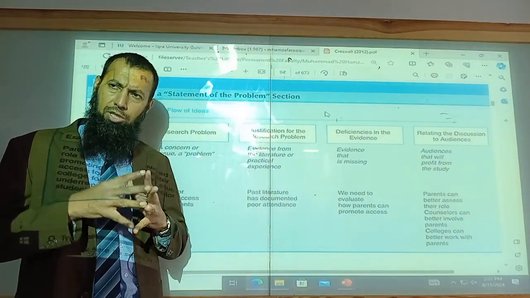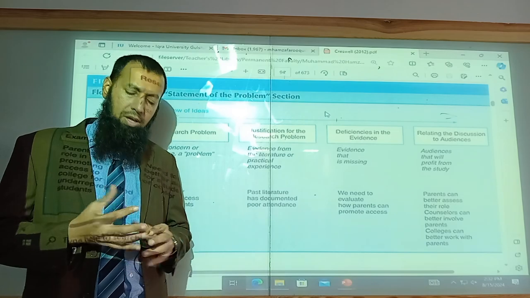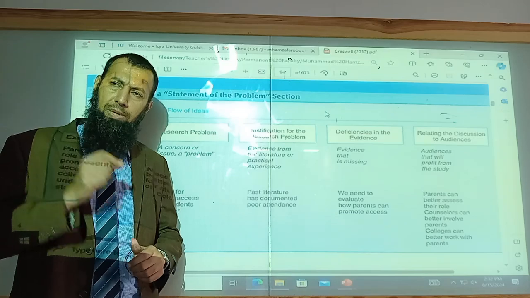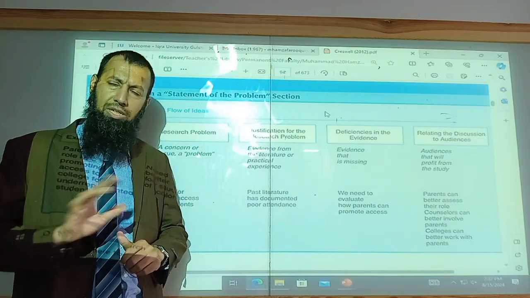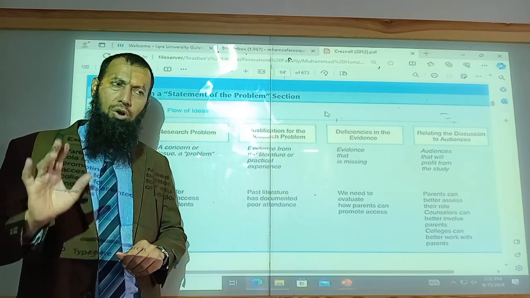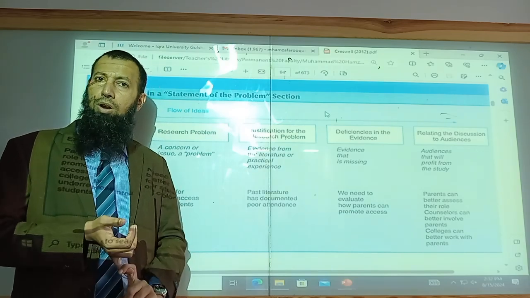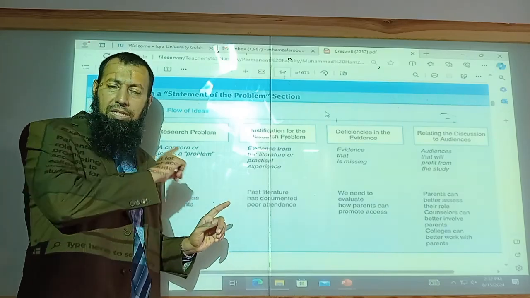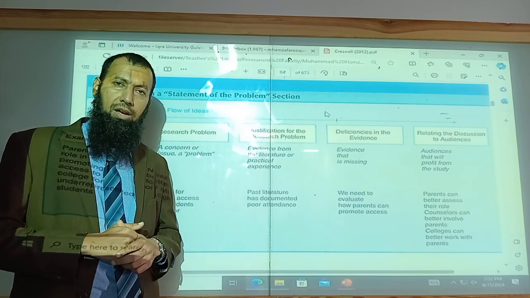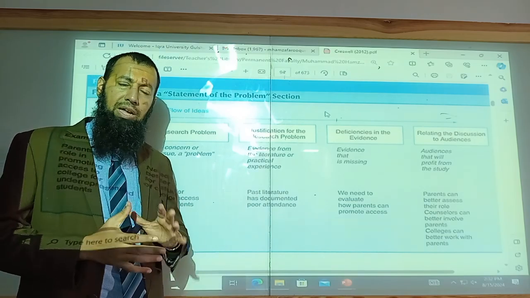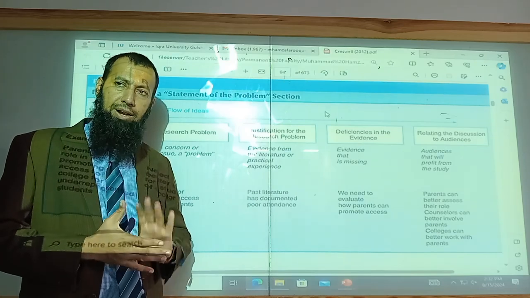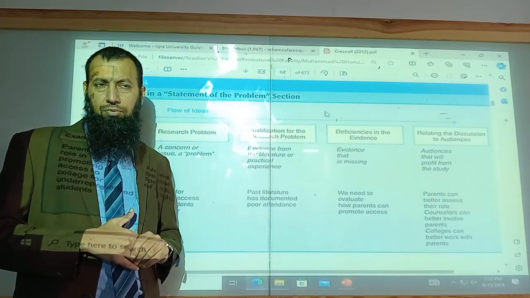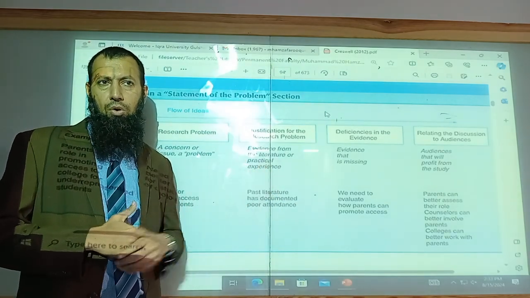Since research is about a specific topic, we focus on the fact that for our specific topic there is a deficiency and previous research has not been done. If the research has already been done, then there is no need for you to research. This is a very important statement which tells everything about the problem. If the problem statement is correctly made, then only can the research be truly followed. Otherwise there is no need to follow the research.